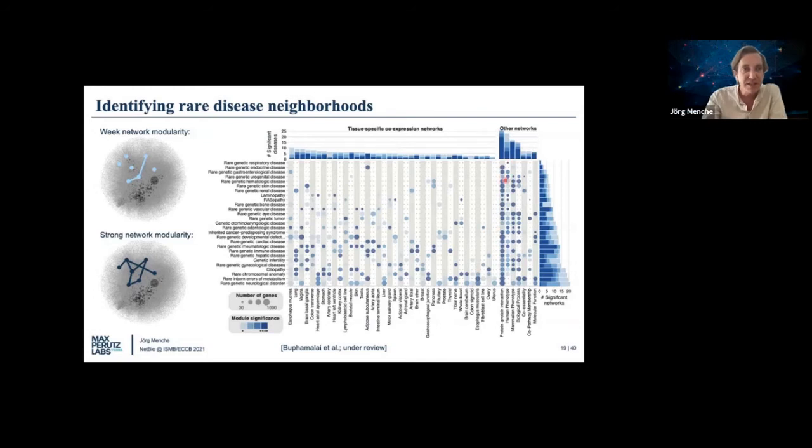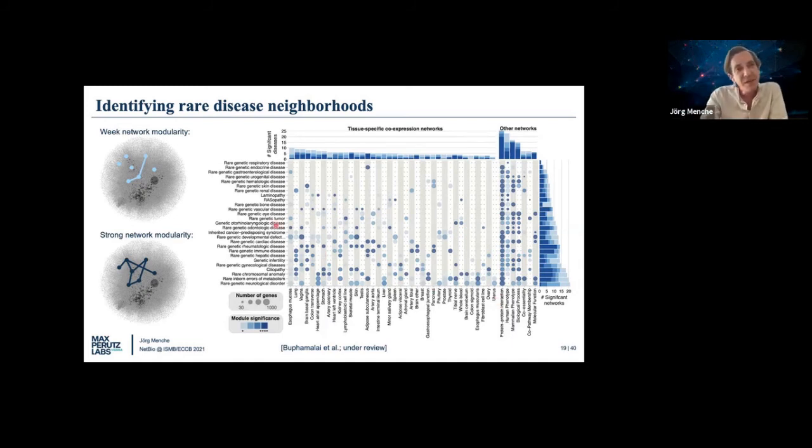Most easily this can be seen here, where we find that, similar to complex diseases that have been studied by network scientists for many years, they really aggregate in phenotype-specific neighborhoods, which in turn means that we can now apply the entire arsenal of network-based methods also to rare diseases.